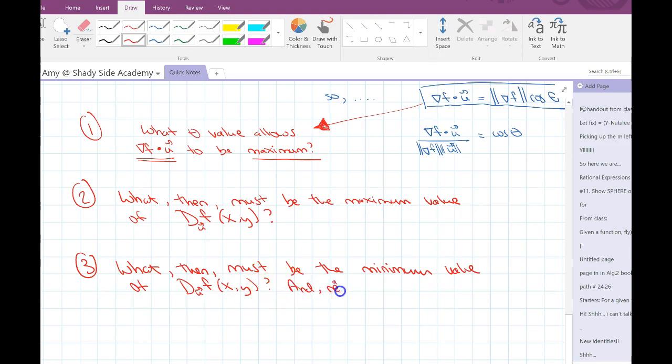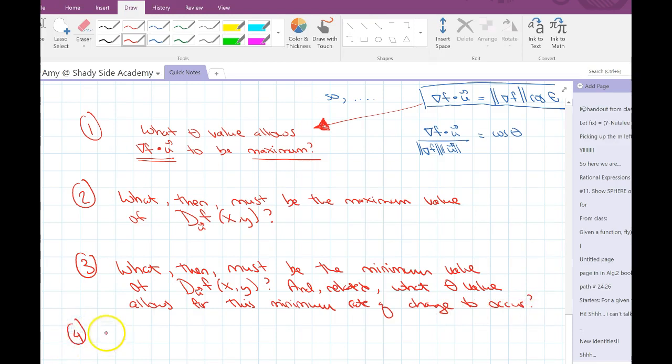And related, what theta value allows, ensures, guarantees, whatever verb you want, for this minimum rate of change to occur? And I guess that's just 4 questions. Why does all of the above make sense geometrically?